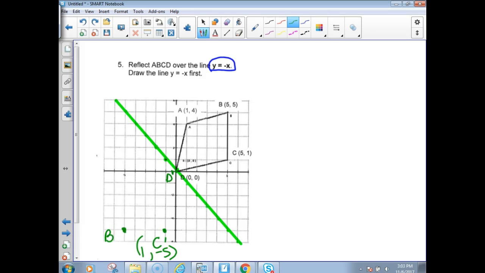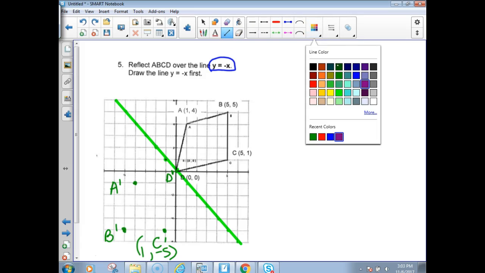There's going to be B prime. I'm just going to count the diagonals. And then A, 1 diagonal, 2 diagonals and a half. A prime should go here. You know what I meant by a diagonal, right? It's across a square, not from side to side.